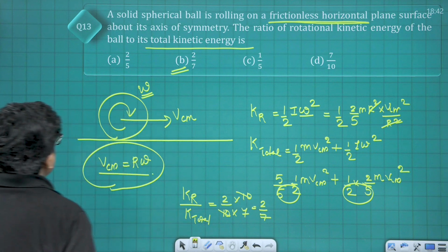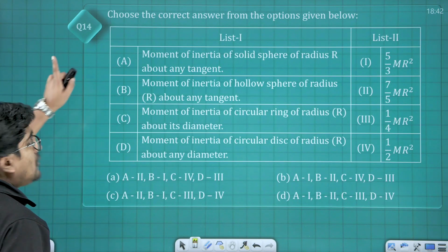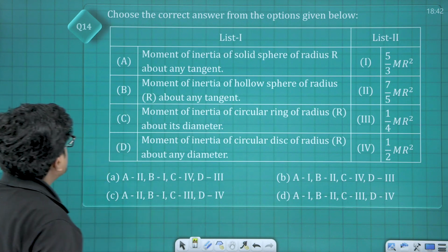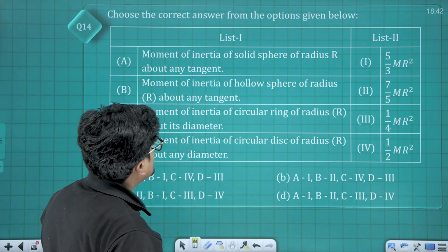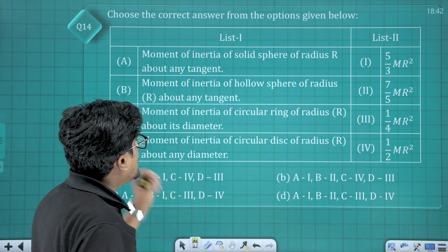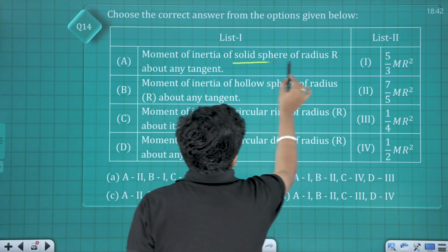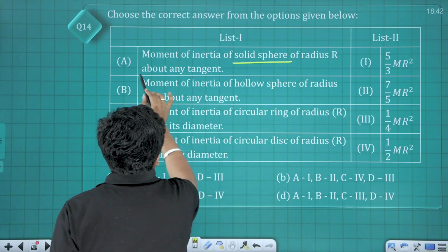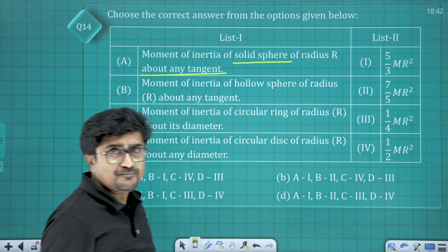Okay. So the next one is question number 14. Question number 14 says, choose the correct answer from the option given below. The very first one is the moment of inertia of a solid sphere of radius capital R about any tangent.